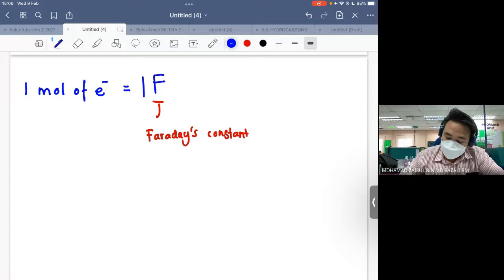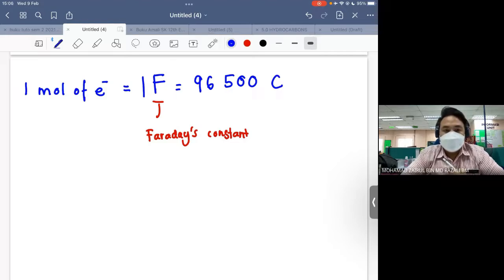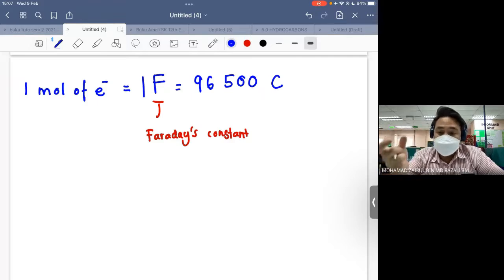is equal to 96,500 coulomb of charge. So daripada half equation ataupun daripada equation redox tu, kita boleh tahu berapa je charge berdasarkan daripada amount of electron tu, because we know that 1 mole of electron is equal to 1 Faraday and is equal to 96,500 coulomb of charge.